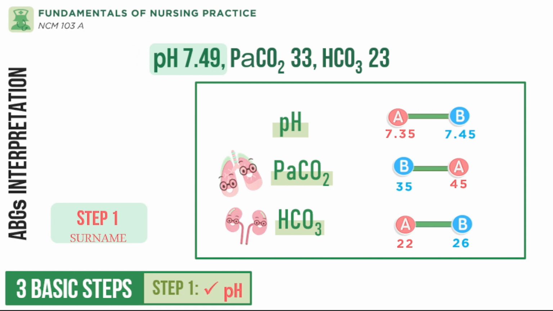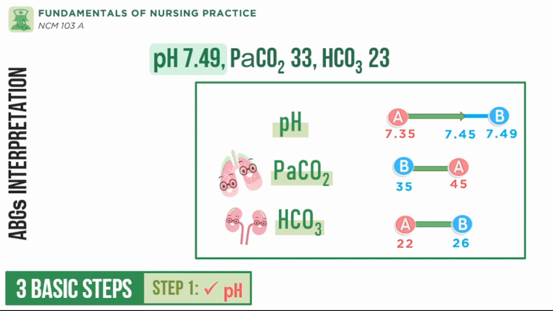Now let us look at the position of 7.49 for the pH on our chart. We have here 7.45, so technically speaking, 7.49 is somewhat here. And remember, if that is letter B, we are on the alkalosis side.